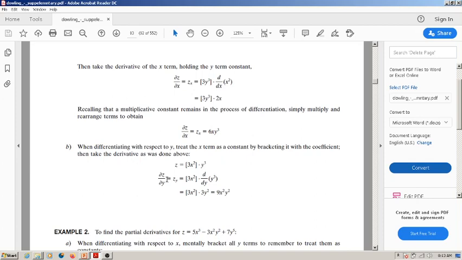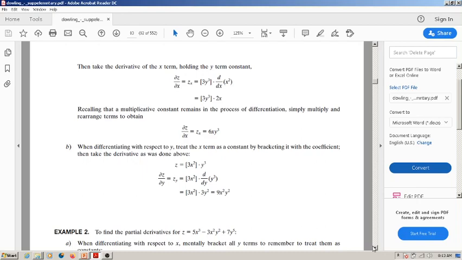Now find the partial derivative, dou z by dou y. That is, you have to take the differential of y cube. 3x square is retained as such, d by dy of y cube. 3x square into the differential of y cube, which is 3y square. Now opening the bracket, it will turn out to be 9x square y square. So this is the process of partial differentiation.